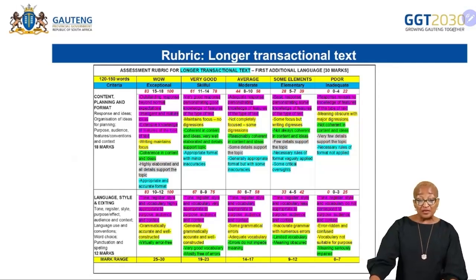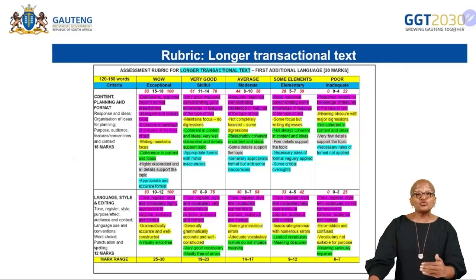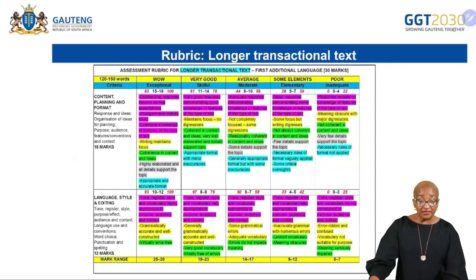I would love to believe that by now, your teacher has taken you through the rubric. And at the end of each piece, you clearly understand why you were given, for argument's sake, a 15 for content and maybe a 9 for language.